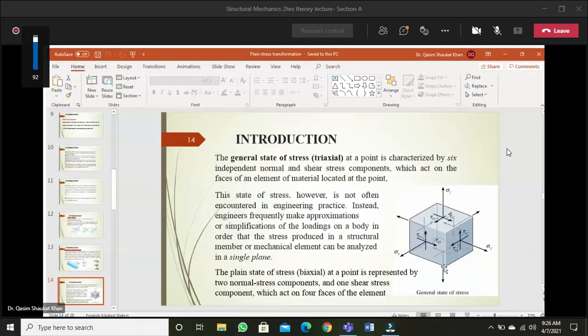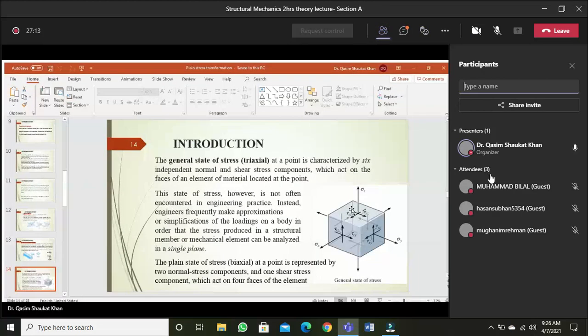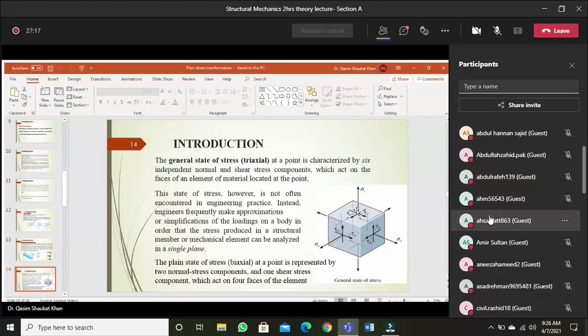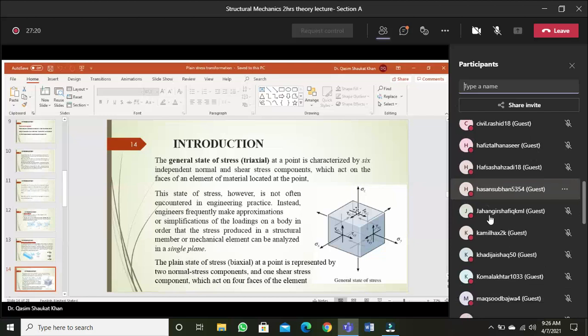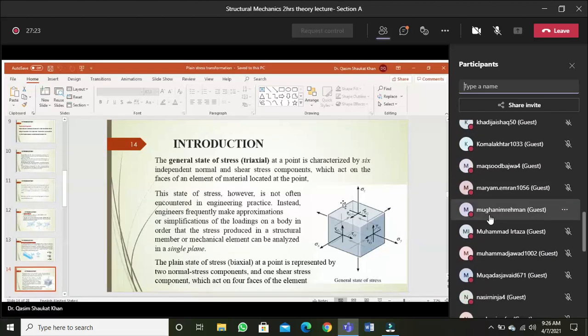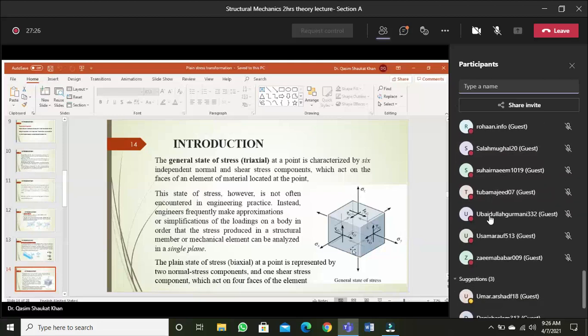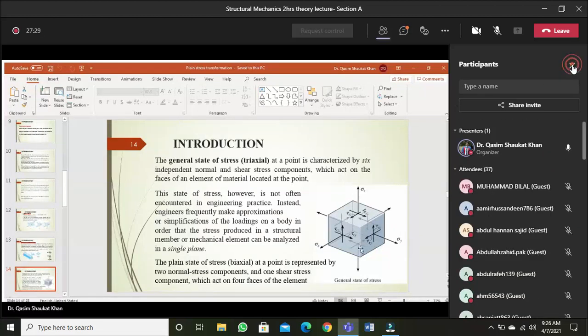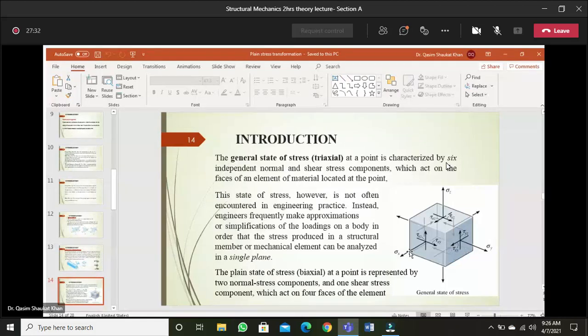Now, if I divide these six faces, this bottom plane is my XY plane, and similarly this top one will be the XY plane. So whatever the magnitude of the normal and shear stress acting on the top of the XY plane, the same stresses will be acting at the bottom of the XY plane, so that the element is in equilibrium.